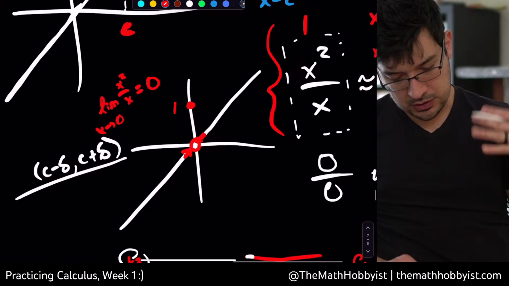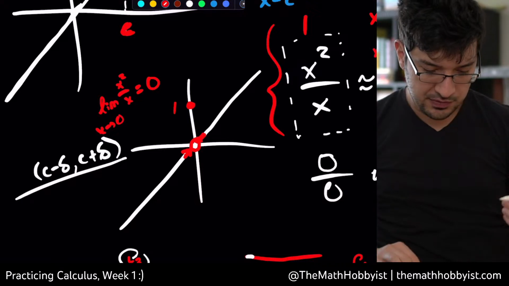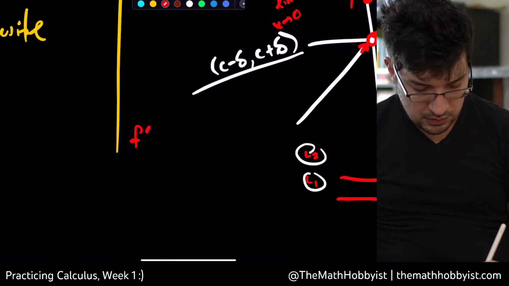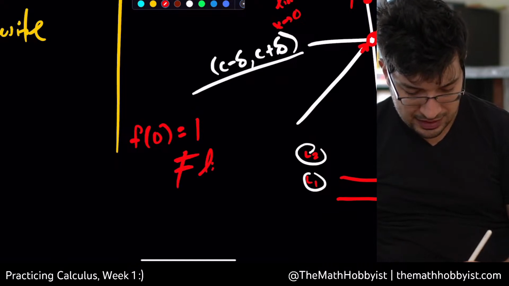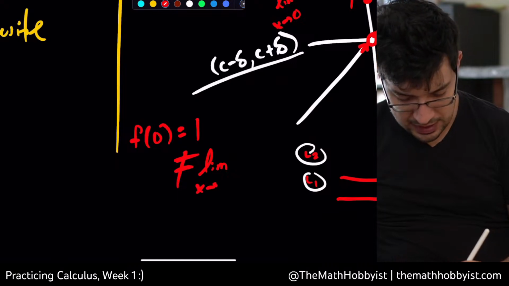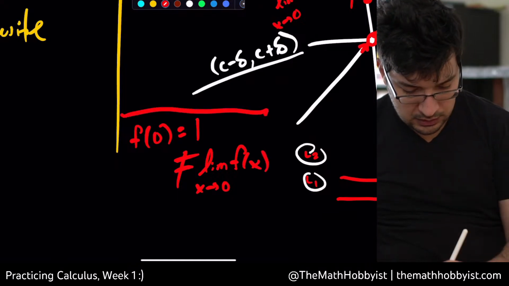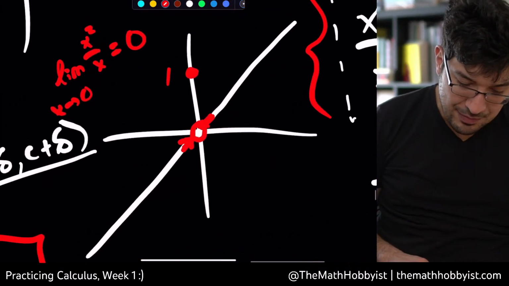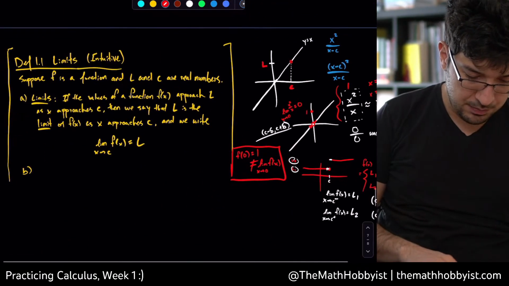So this function is defined everywhere, and notice the value of the function at 0 is 1, and that does not equal the limit as x tends to 0 of that function. So there are times when the value of the function doesn't equal the limit of the function at that point. So that's cool to know.